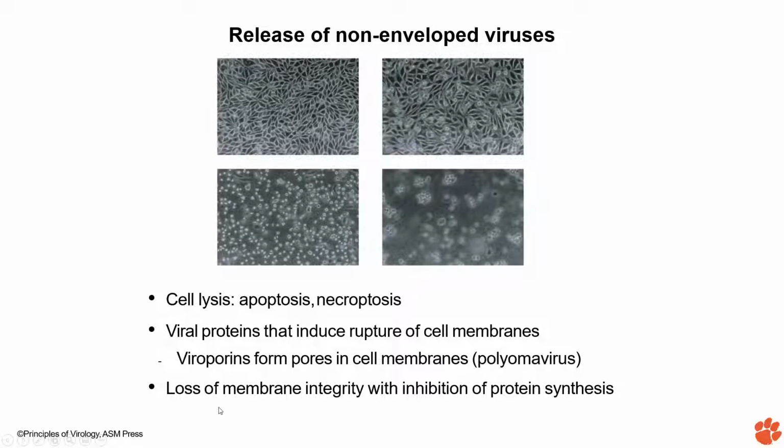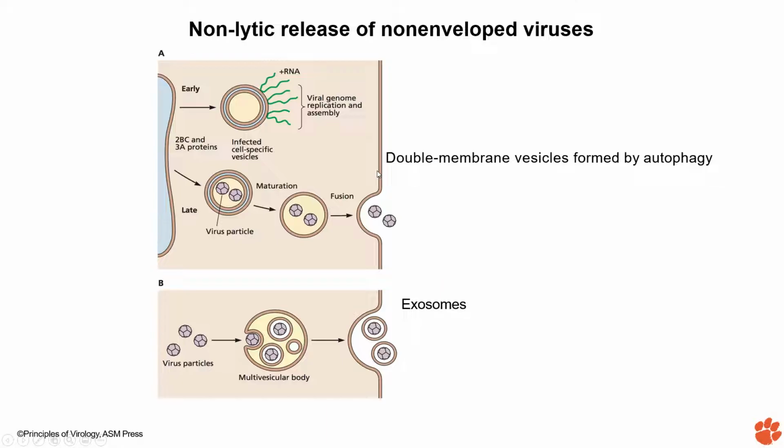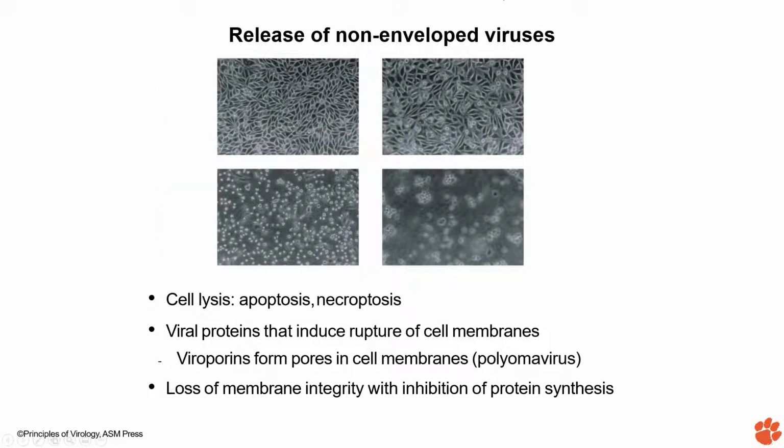There are many different types of loss of membrane integrity, with the inhibition of protein synthesis seen in adenoviruses. So this is a normal process, but there are some unique processes as well. This is most common: the cell lyses or bursts and the viruses come out for the non-enveloped viruses.